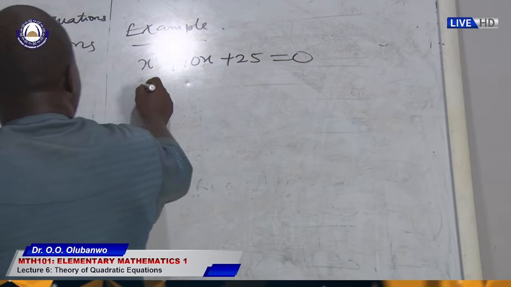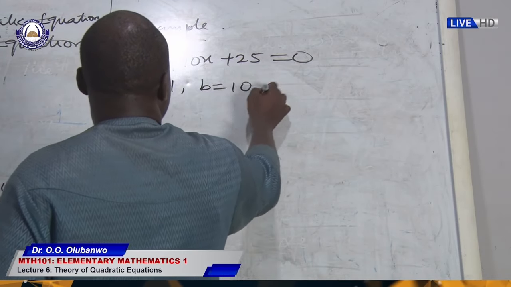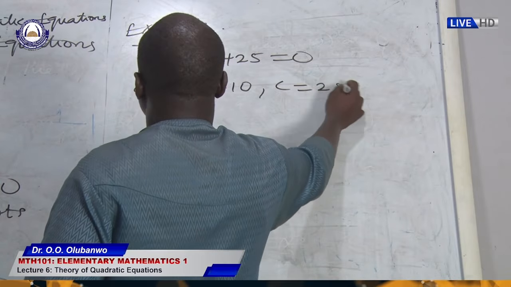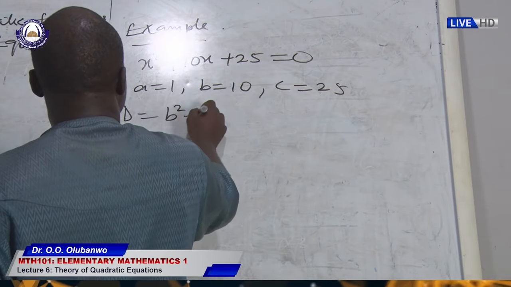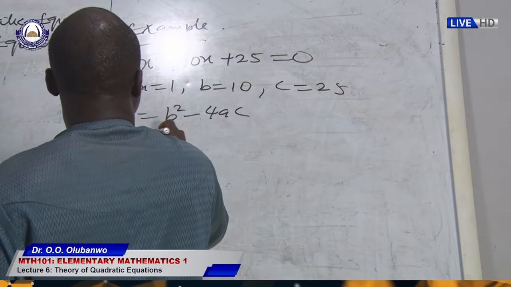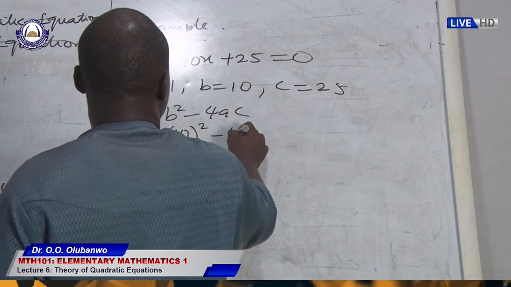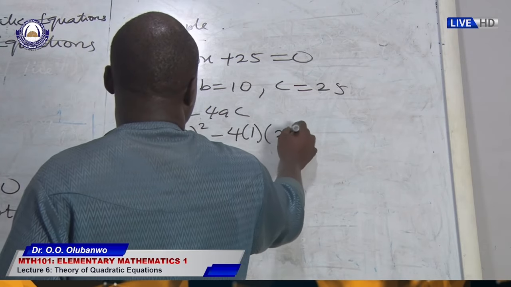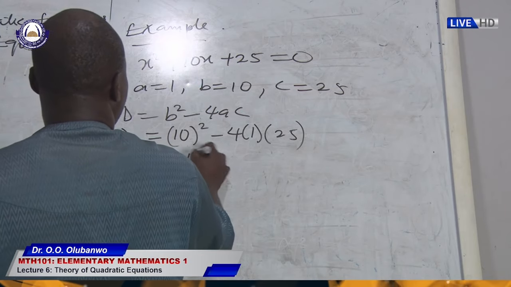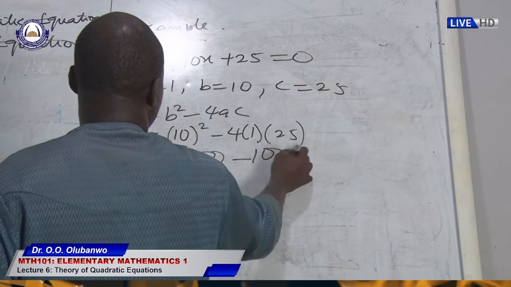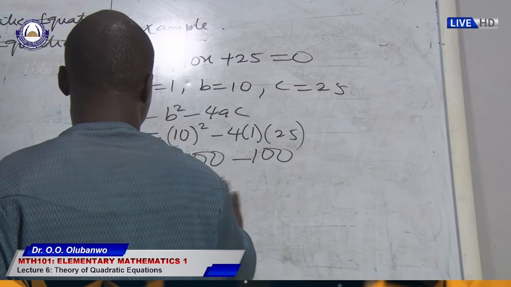Here, our A is 1, B is 10, C is 25. So our D will be b squared minus 4ac, which is 10 squared minus 4 times 1 times 25. Our D will be 100 minus 100, so our D is 0.